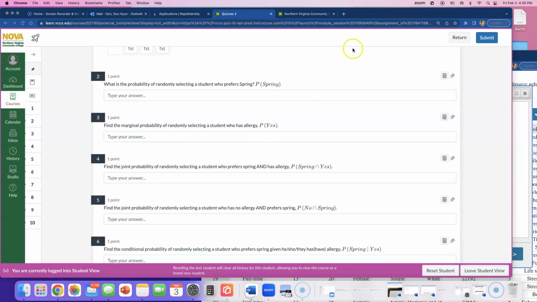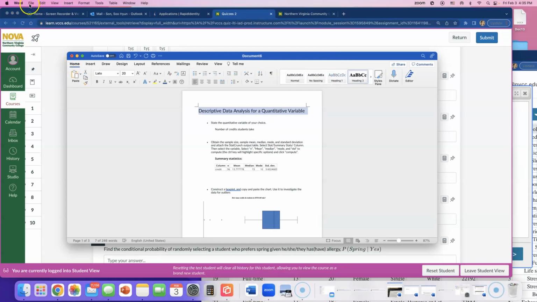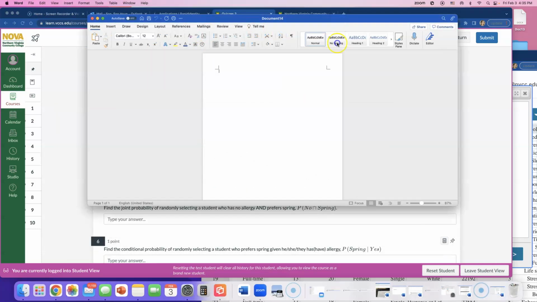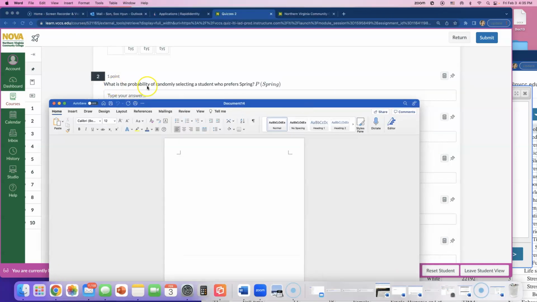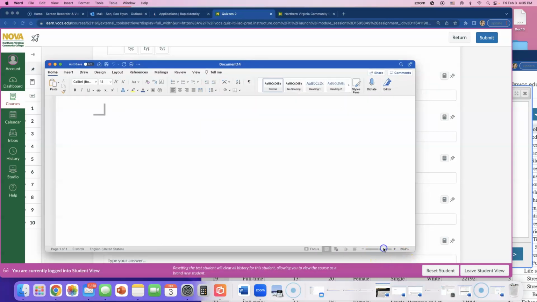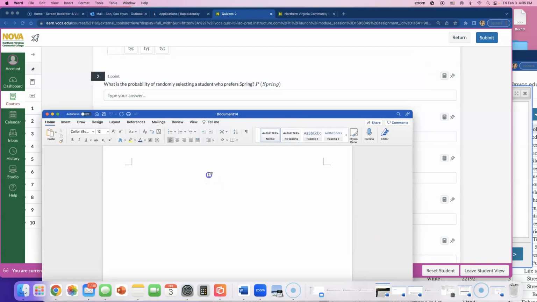The first question I'm asking on your quiz is to find the probability of liking spring. I'm going to do something different. Instead of finding the probability of randomly selecting a student who prefers spring, I'm going to find the probability of picking somebody who likes maybe winter. So what is P of winter?